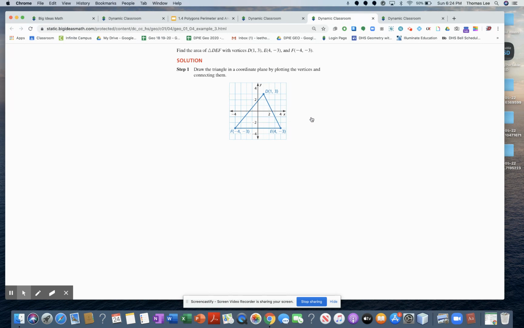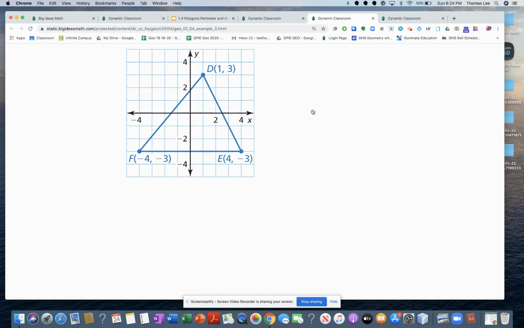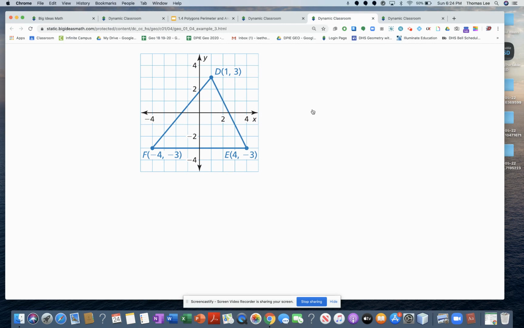So now I'm going to make it bigger. So you first have to draw your diagram, okay? Make sure you label and scale your axes. Label and scale your points. Now, this is very important, okay? Your math teachers may not have been a stickler, but I am a stickler. Make sure when you draw a diagram in the coordinate plane, you label each one of these points with its name, which is D, E, and F, and also the coordinates, okay?